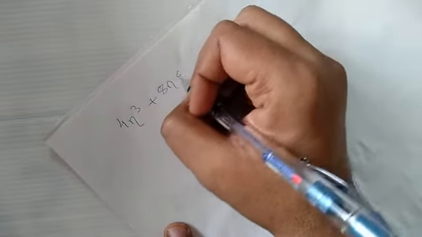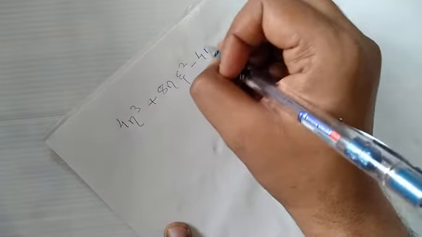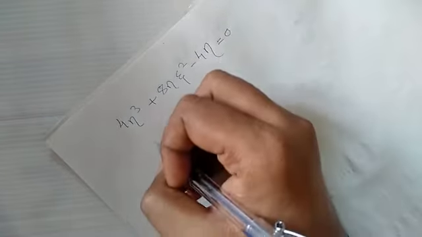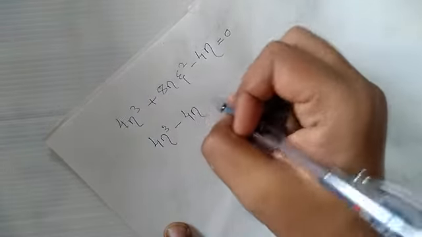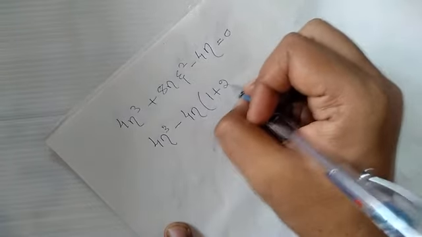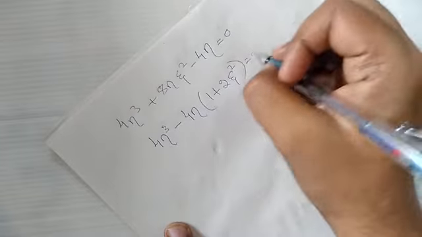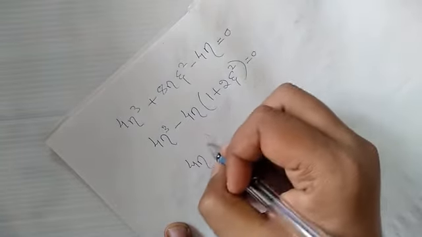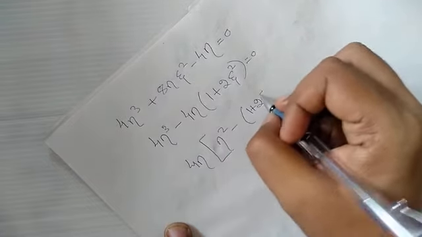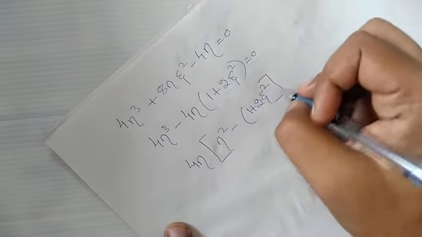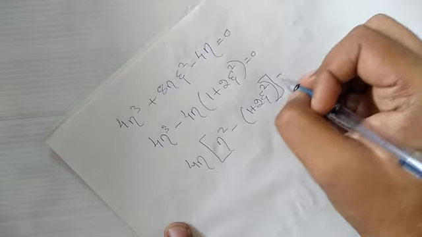So this would be 4 eta cube plus 8 eta zeta square minus 4 eta equal to 0. Or 4 eta is taken as common, so it would be eta square minus 1 plus 2 zeta square equal to 0.